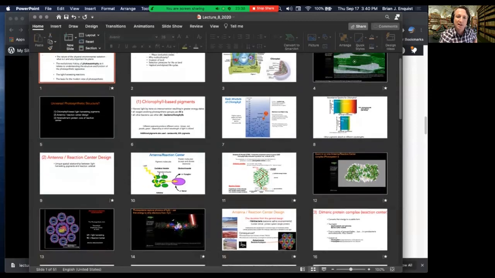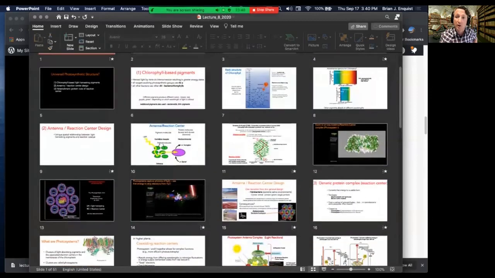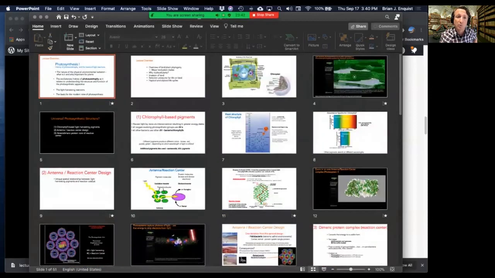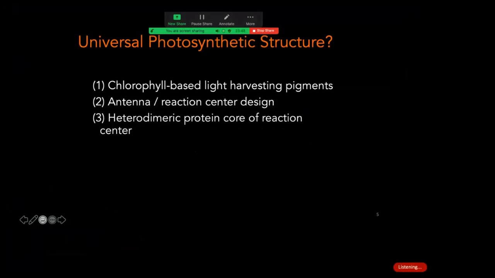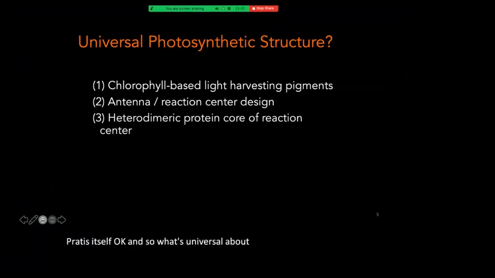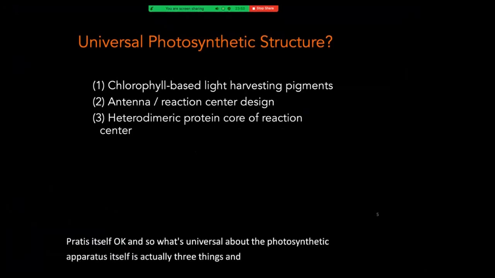So I emphasized what was universal about the chemical equation of photosynthesis, but also what is universal about the structure of the photosynthetic apparatus itself, okay? And what's universal about the photosynthetic apparatus is actually three things, and I would like you to remember these three things.